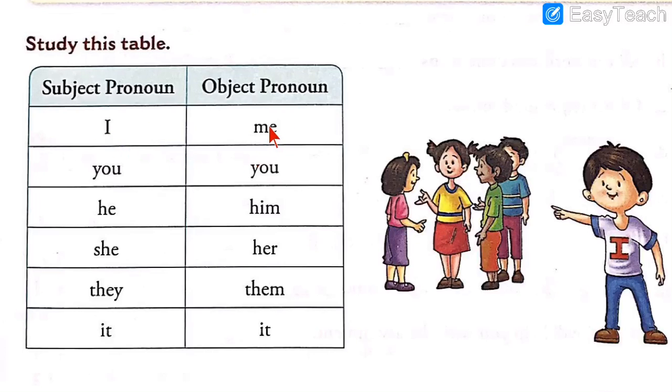I, me, you, he, him, she, her, they, them, it. This was the table which I had explained yesterday, and it is a very important table for this particular lesson.